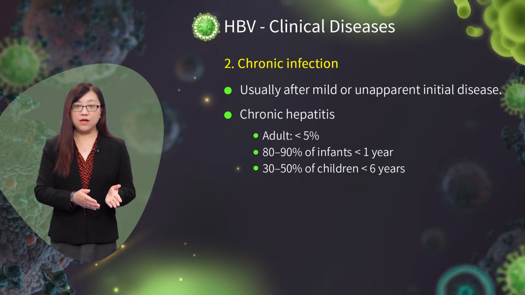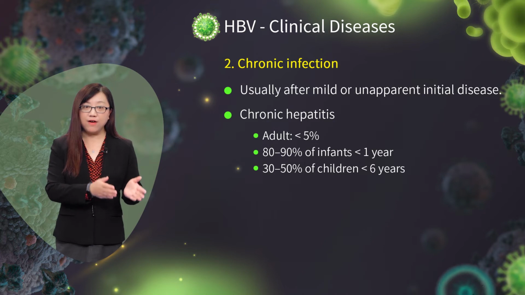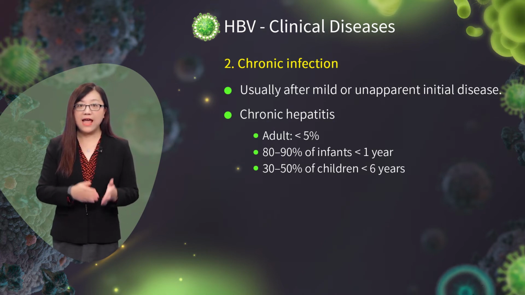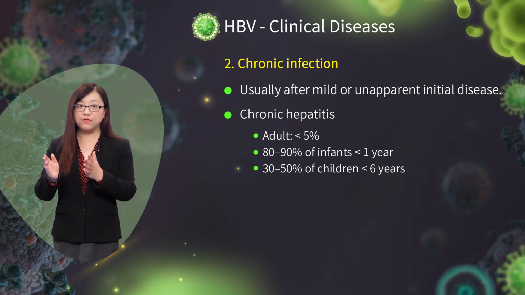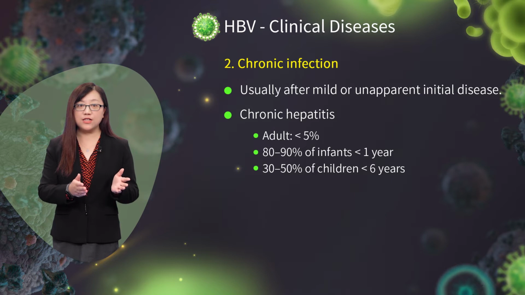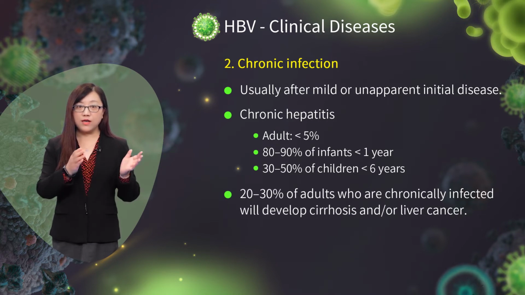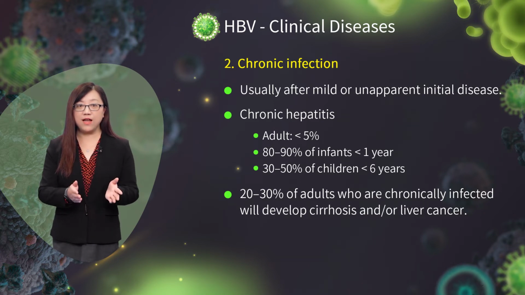Initial infection in adulthood leads to chronic hepatitis in less than 5%, whereas 80 to 90% of infants infected during the first year of life, and 30 to 50% of children infected before the age of 6 years develop chronic infections. 20 to 30% of adults who are chronically infected will develop cirrhosis and/or liver cancer.